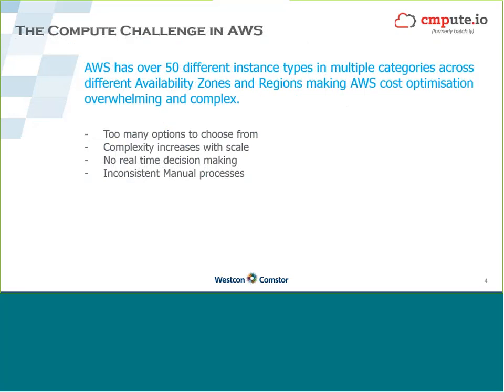Now, the challenges around AWS, the compute challenges, it's very complex when you start to think of ways for cost optimization within AWS. There are just so many options to choose from, 50 different instance types and across many availability zones and regions. And quite often there are inconsistent manual processes.